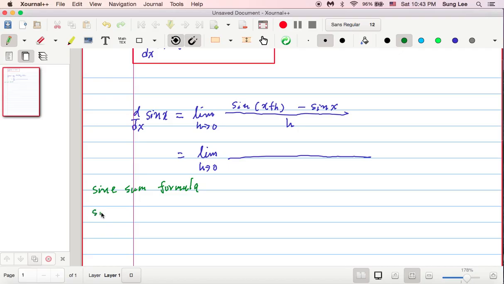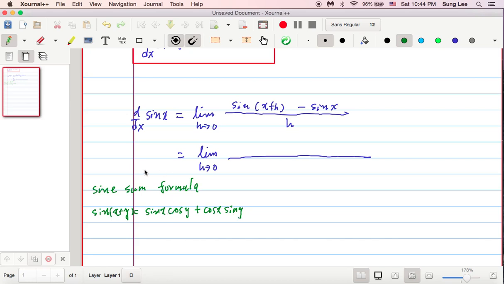So sine of x plus y equals sine x cosine y plus cosine x sine y.